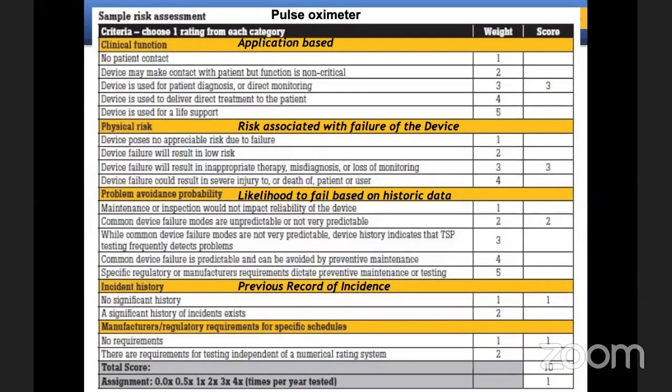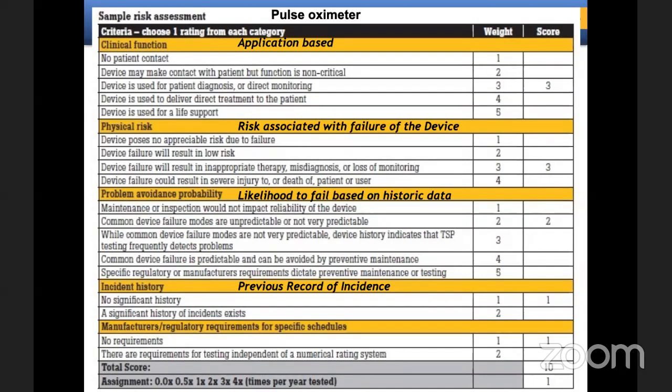Now let us take a pulse oximeter. The clinical function of a pulse oximeter is a device used for patient diagnosis or direct monitoring. The weightage is 3, so the risk score is 3. If the SpO2 monitor fails, you are not going to lose the patient.